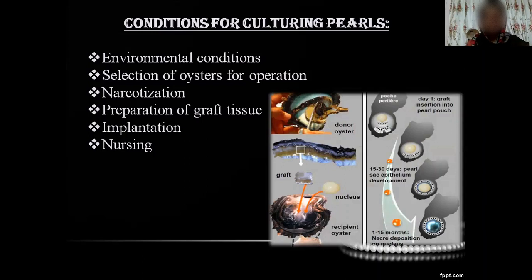Then necrotization, preparation of graft tissue, implantation and nursing. Here you can see there is first of all a donor oyster, which gives us the mantle epithelium. Then we transplant it into the recipient oyster, and the oyster starts secreting the nacreous layers around it.